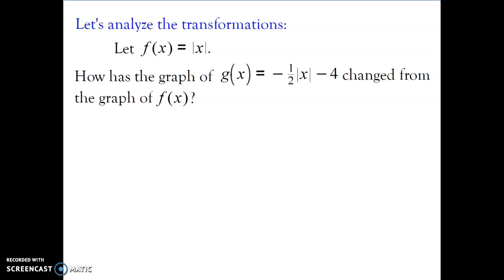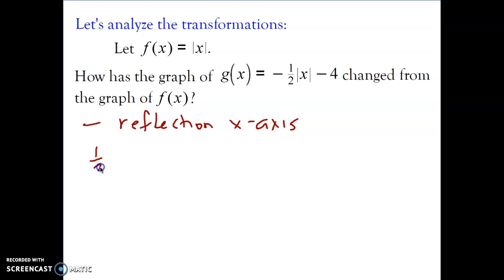Okay, same thing with this one. My parent graph is absolute value of x. Let's see what we have here. We have -1/2 absolute value of x minus 4. All right, I want you to think about that negative and the 1/2 as two separate things. The negative is going to be a reflection across the x-axis.